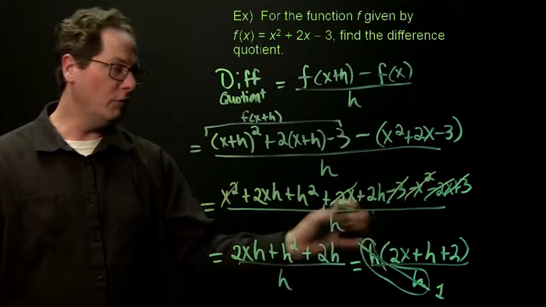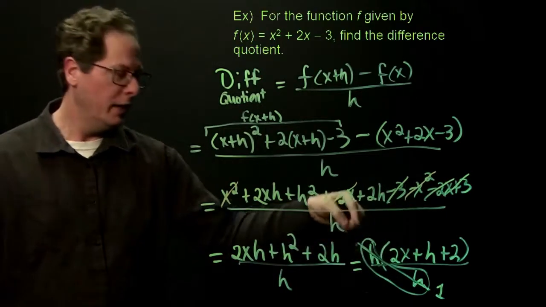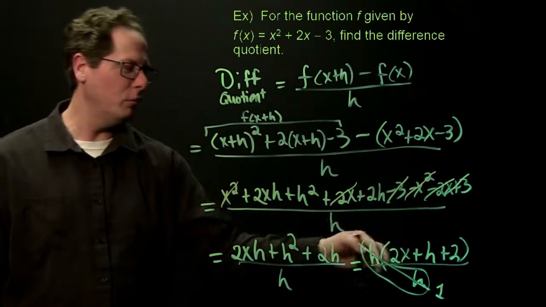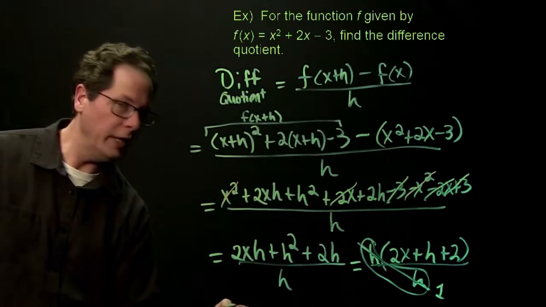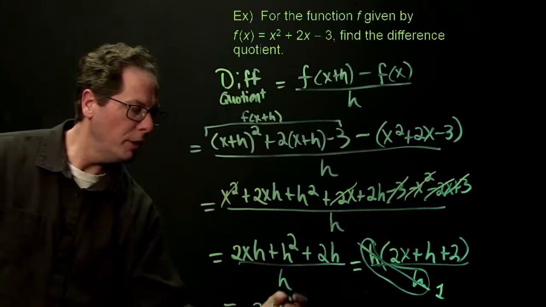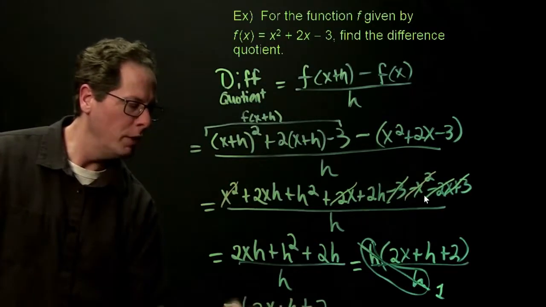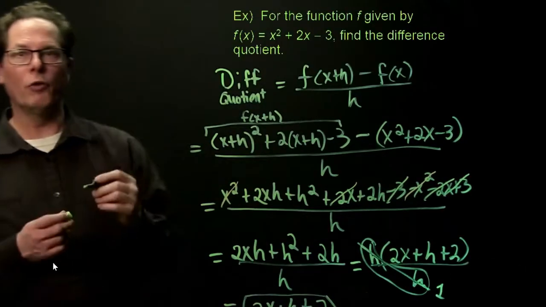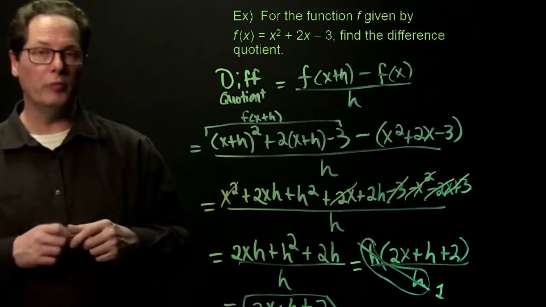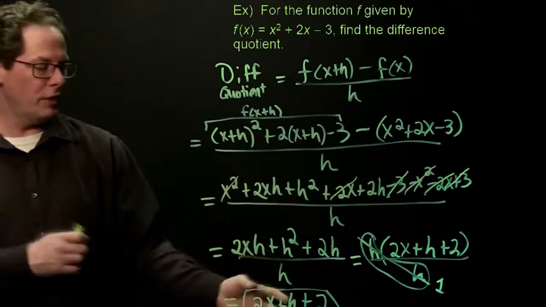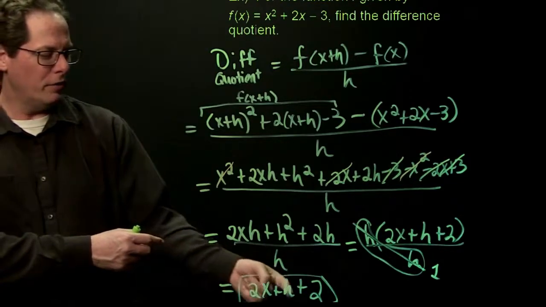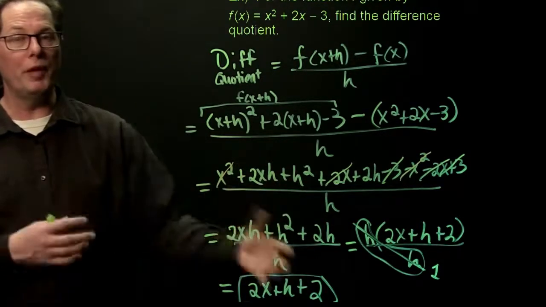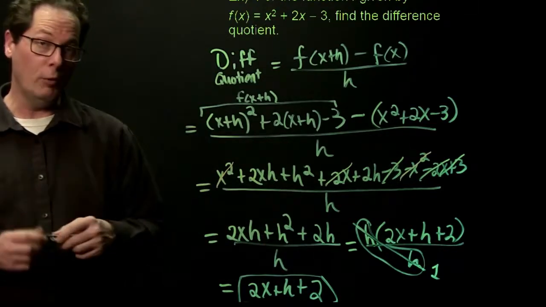And that actually is the difference quotient. It's going to take calculus before we finish this problem. But then we're going to let h go to 0. And so the final answer is 2x plus h plus 2, and that is the difference quotient.